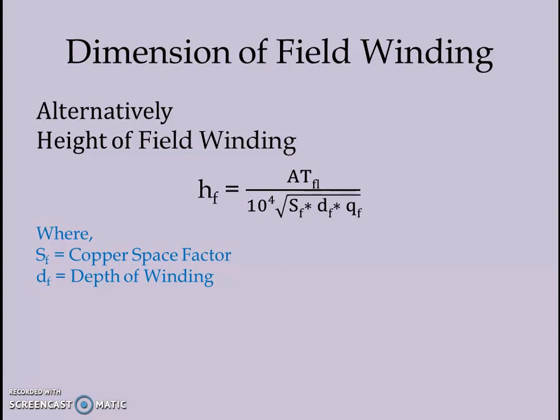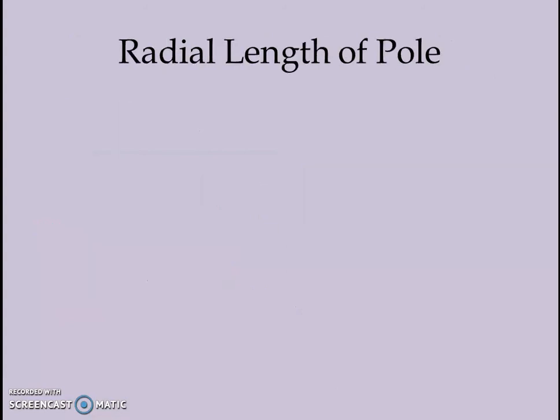The depth of the winding can be chosen based on the pole pitch. In the last table we have seen how the depth of the winding can be chosen. And QF is the loss per unit surface in watt per meter square. Normally between 700 to 750 watt per meter square loss per unit surface can be considered.